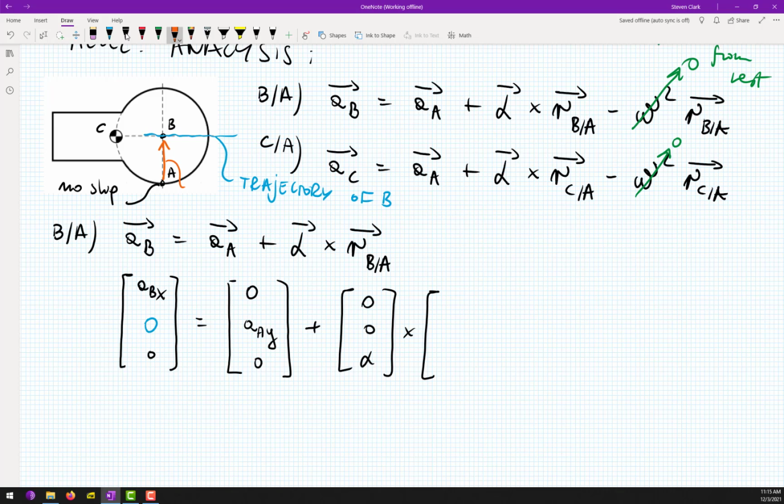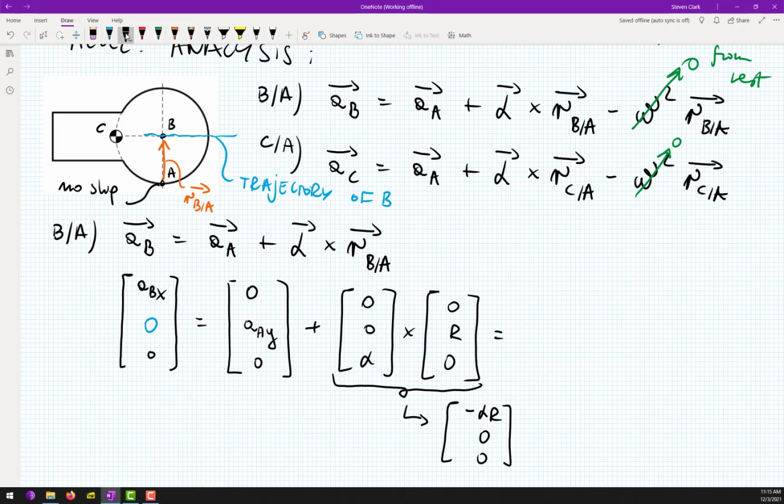So this is RBA. And you guys clearly see that this vector is 0, R, 0. Yeah, so if you do this determinant, you will end up with minus alpha R, 0, 0. Okay, so we will end up with minus alpha R, AAY, 0.